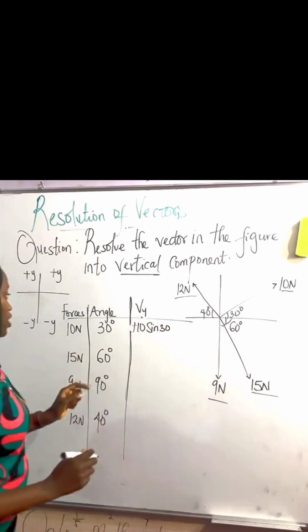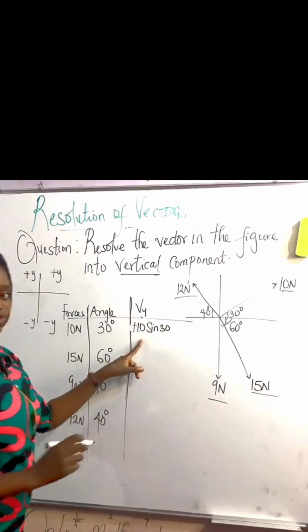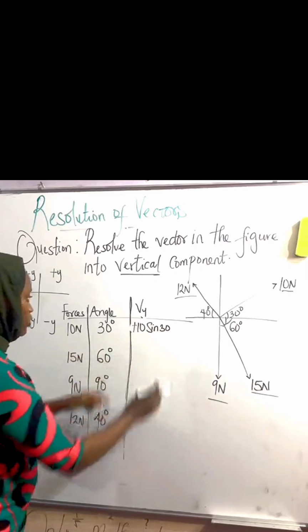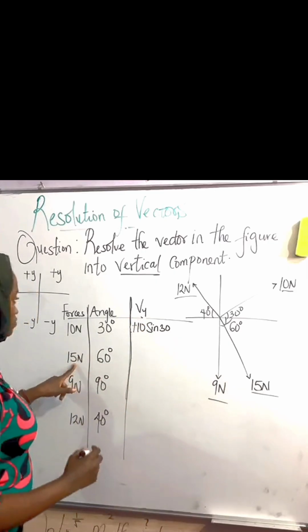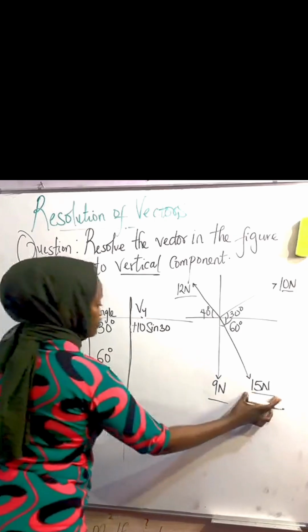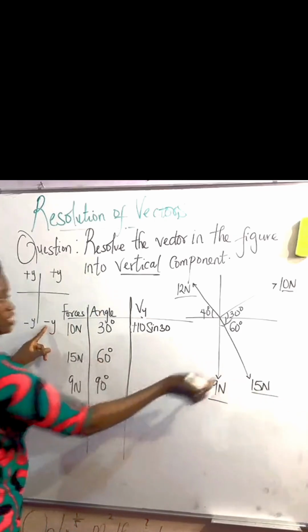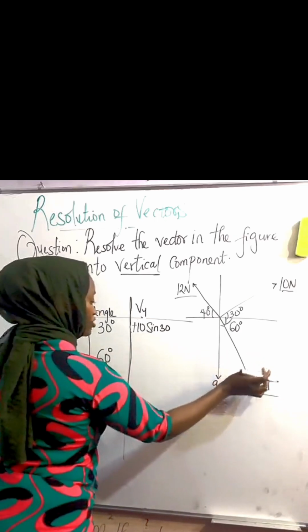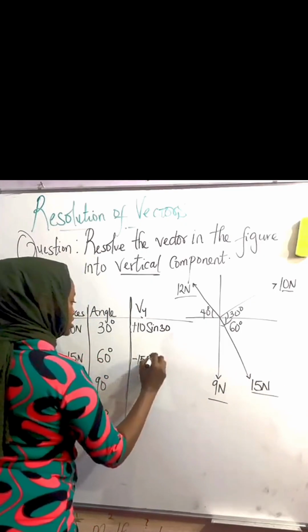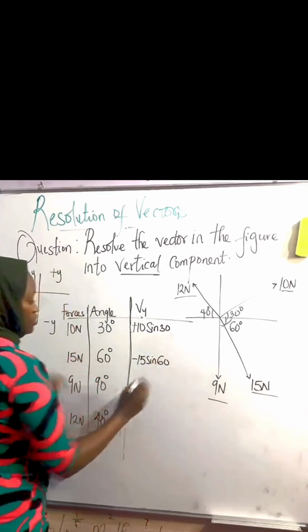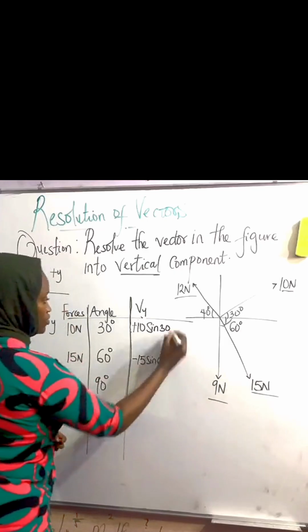We are going to get our answer with the use of a calculator, but let's bring out the parameters first. Then the next one is 15. If you are to resolve 15, from the graph you can see the value of y at this point is negative. So this becomes minus 15 sine 60. Okay, so all of these are in degrees.